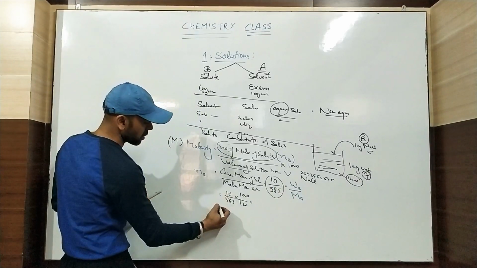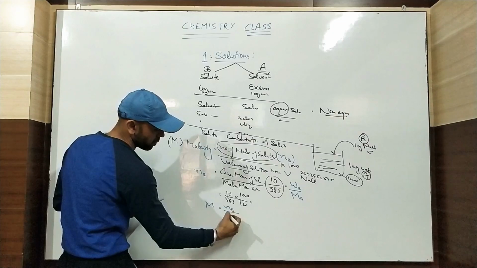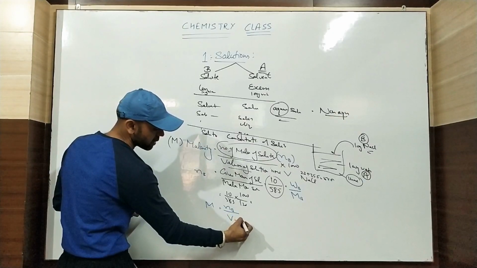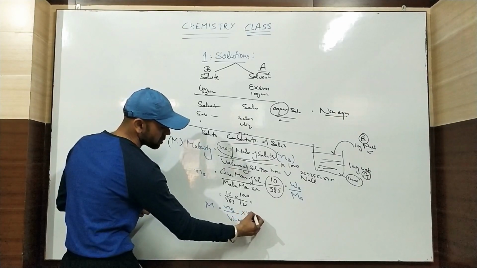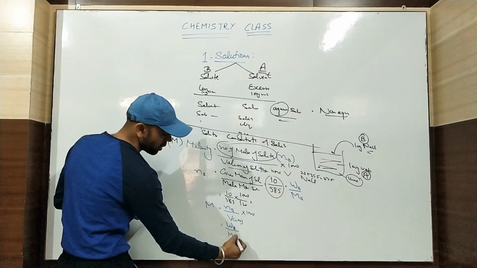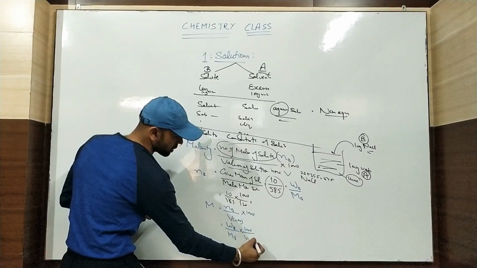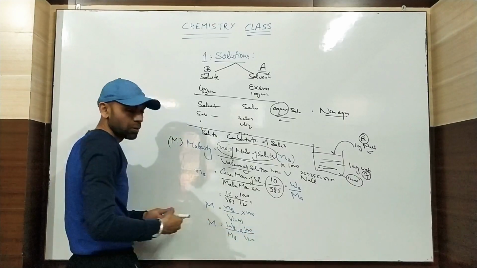So that molarity is equal to the number of moles of solute upon volume in milliliter into 1000, और इसको break करता हूँ तो given mass WB upon molar mass into 1000 upon volume in milliliter. So in this way we can find out the molarity.